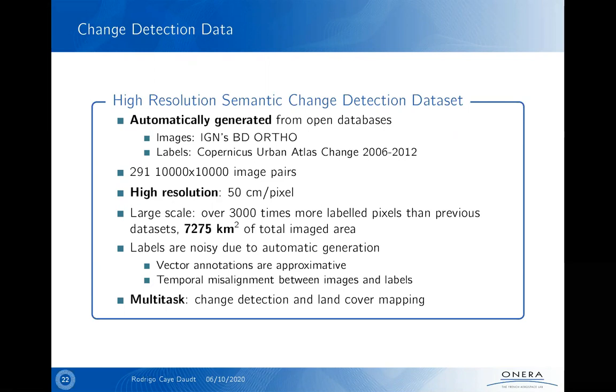And we also used the Urban Atlas change from 2006 to 2012 for vectorial labels, so that we could create rasters for not only change maps, but land cover maps. And you can see some statistics on the dataset. It's much larger than everything that was available at the time. And it also has this multitask side of containing the land cover maps and the semantics of the changes.